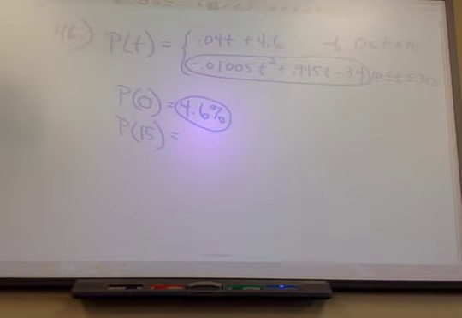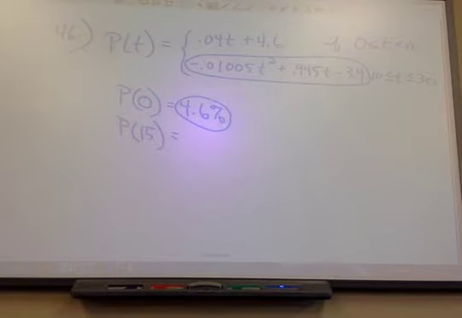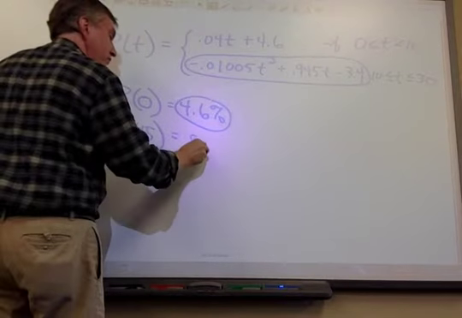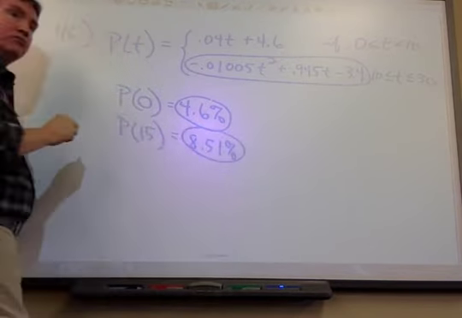You could put that in line Y1 and use your table if you would like. I won't make you do that if you don't want to. If you got it, I'll take it in a second. Say that again. 8.51%. 8.51. Sound good? Good.